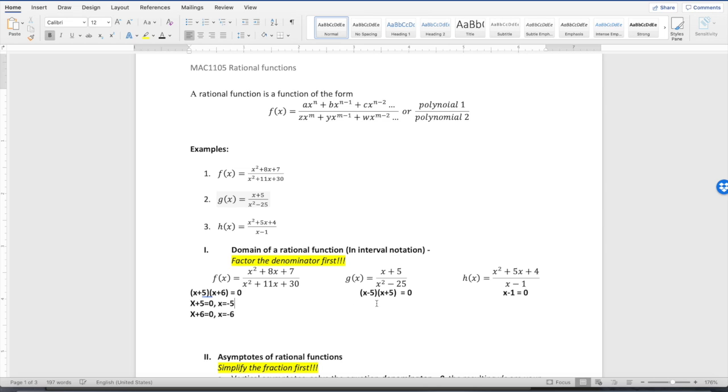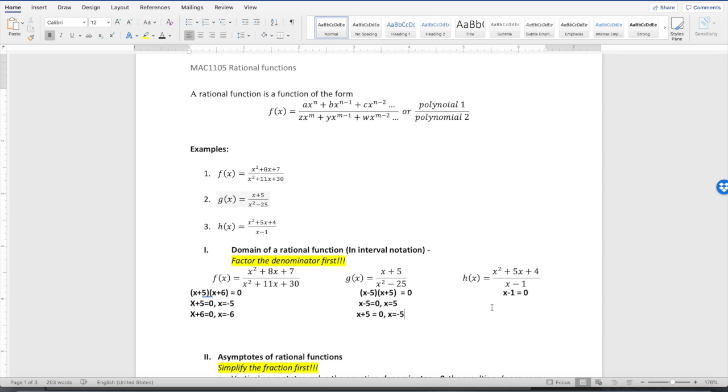Okay, now we're going to do the same for the second function, g of x. We have it in factored form, x minus 5, x plus 5. Very similarly, x minus 5 equals 0, which means x is equal to 5. And then I will also do the same for x plus 5. So x plus 5 is equal to 0, which means x is equal to negative 5.